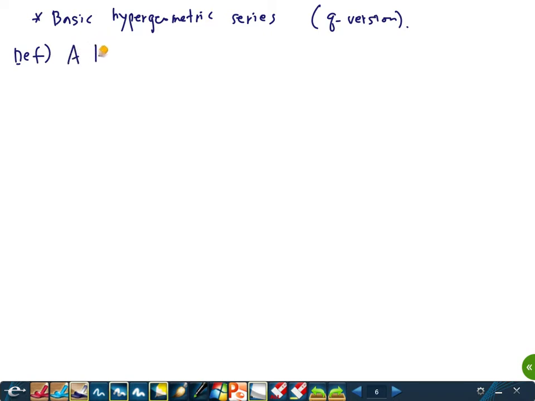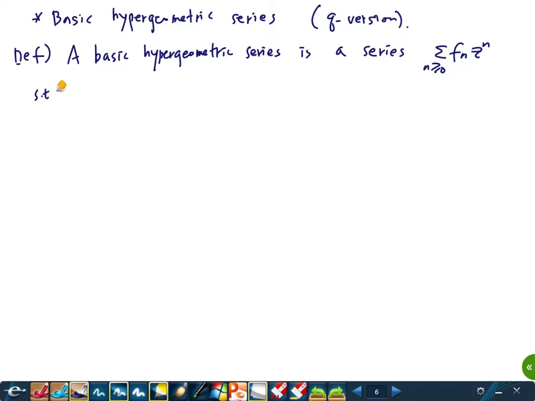A basic hypergeometric series is a series like that, such that the ratio of the consecutive coefficients is a rational function of, if I write n, then it's a hypergeometric series.